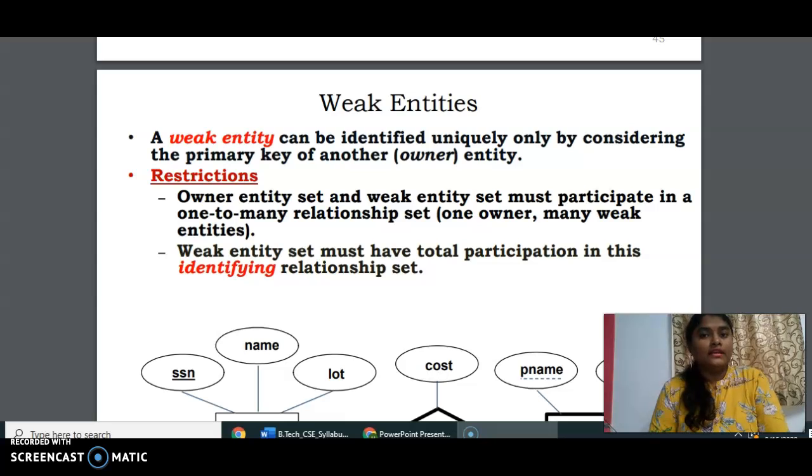If there is a key that exists for an entity, then we can say that the entity is strong. That means if I can use that key to identify a record uniquely, then that type of entity is known as a strong entity. So a primary key or key should be present for that entity.